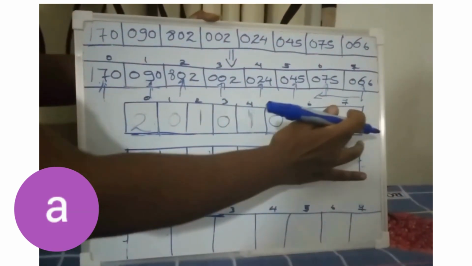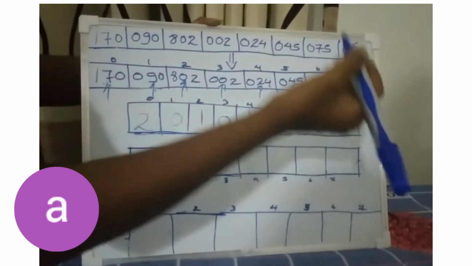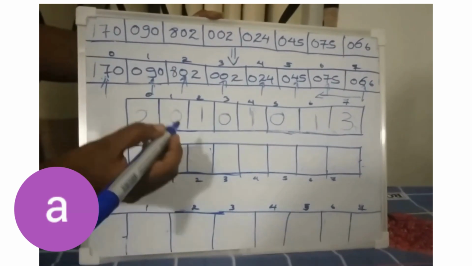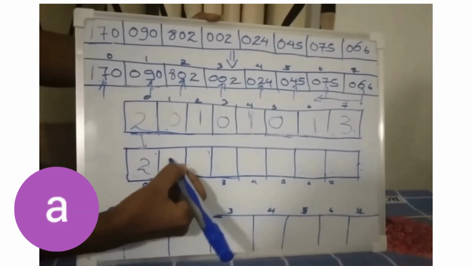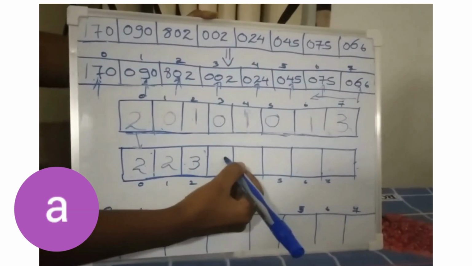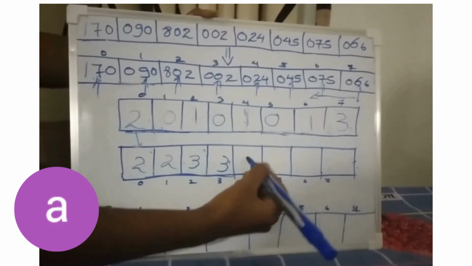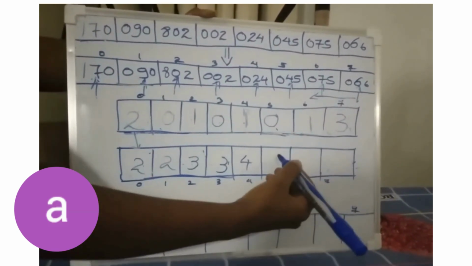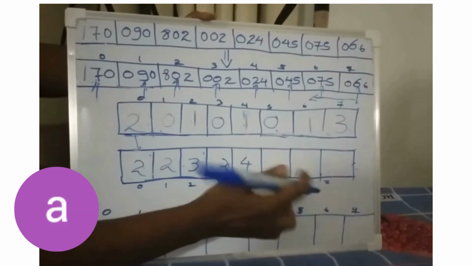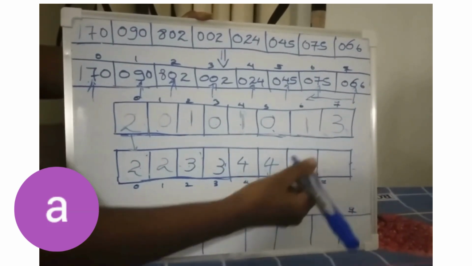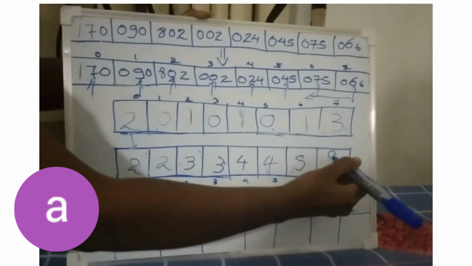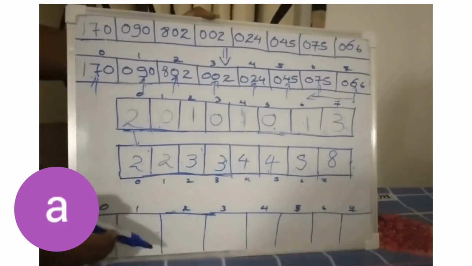Then we check the second digit of 6 6 6, which is the sixth element, and we put it as 1, and also check with 7, also check with 4, 2, 0, 0, 9.